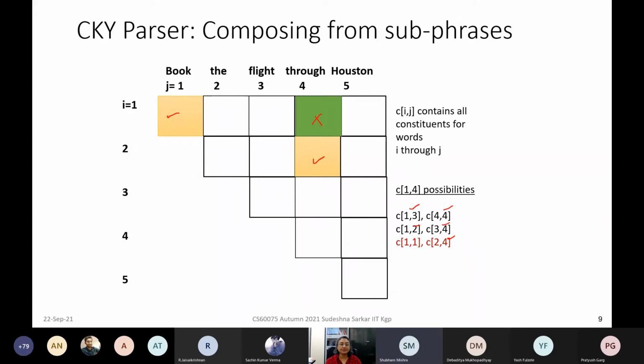First the diagonal, then starting from the second cell to the right of the... No, wait, let me see. So first the diagonal. Let me just put numbers. 1, 2. Then you can do the 1, 2 cell, and then you can move diagonally downwards. 7, 8, 9, 10.